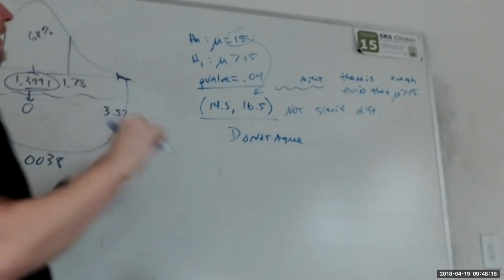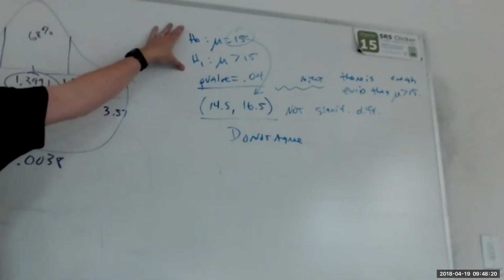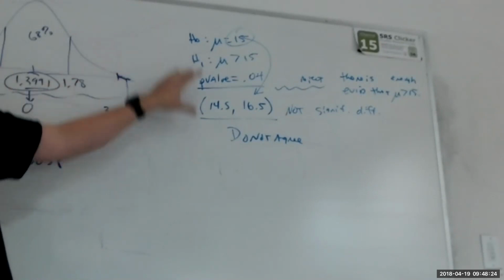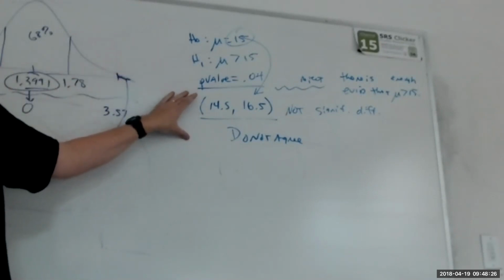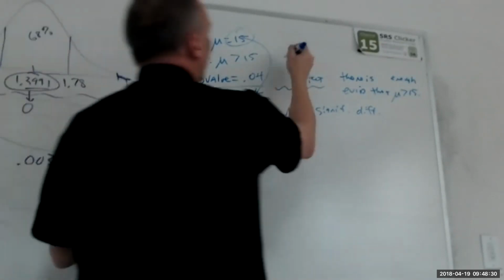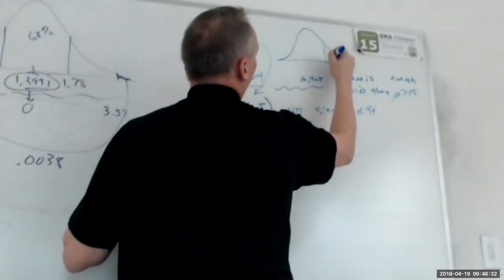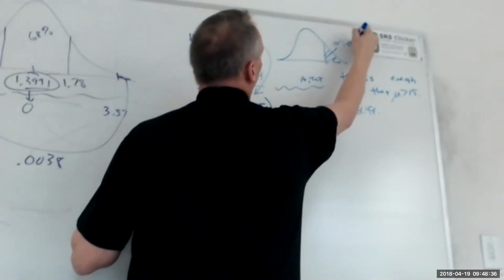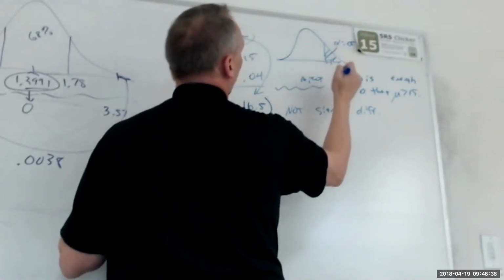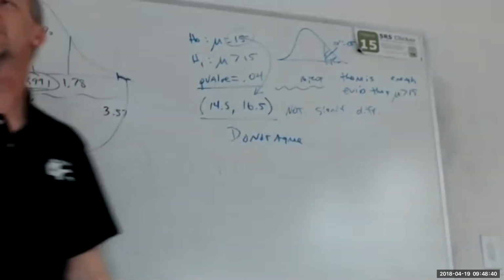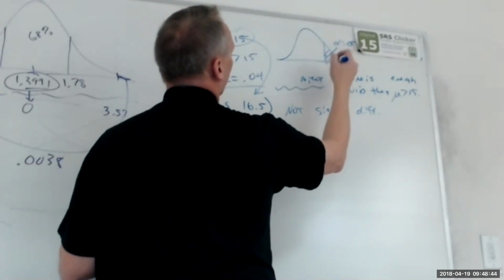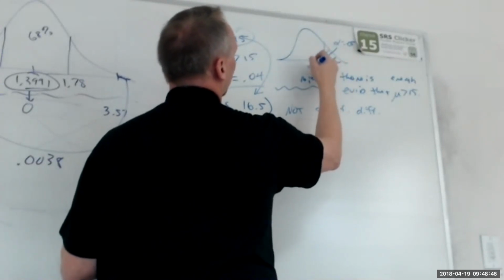Essentially, what kind of a test is this? It's a one-tailed test. What kind of a test is this? It's a two-tailed test. Okay. So the idea here is, if my alpha is 0.05 and I got 0.04, I'm in my rejection region, right? We're saying that's 15.